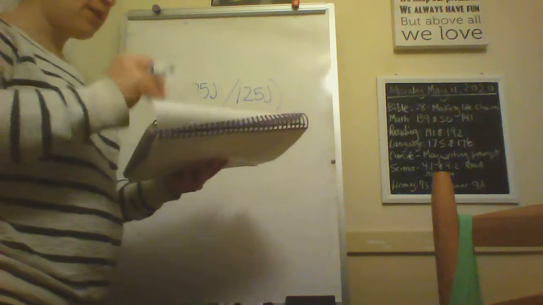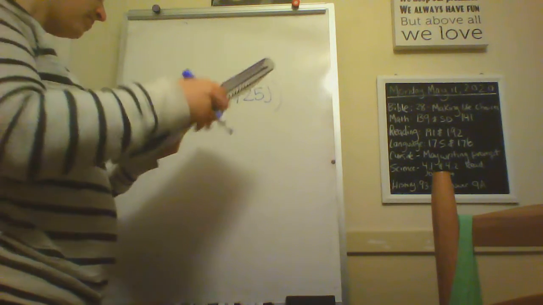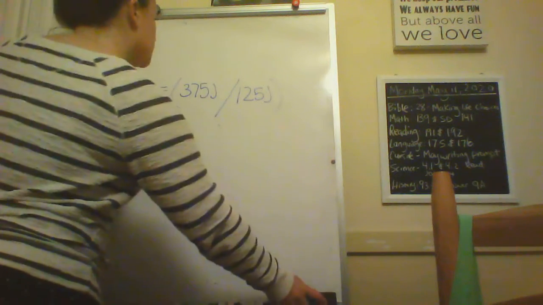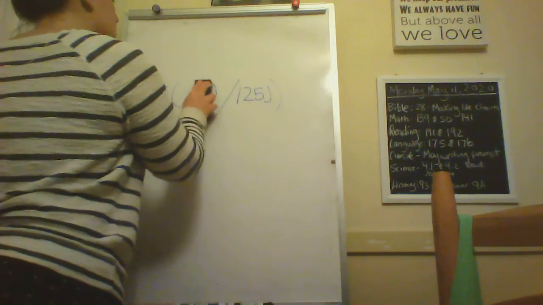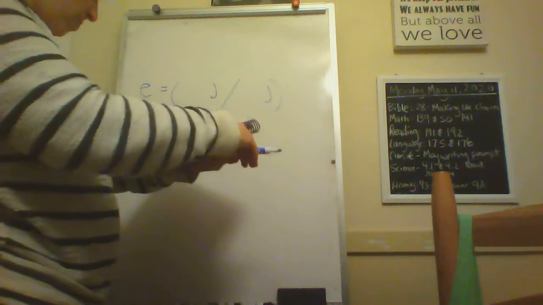We're going to do what's in the parentheses first. And we're going to switch these around because I got the numbers backwards. In our formula, we have efficiency equals work output first.